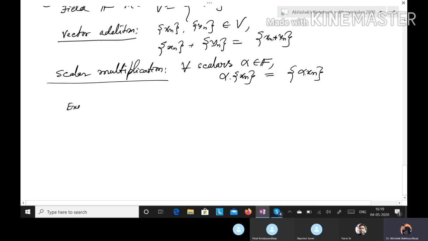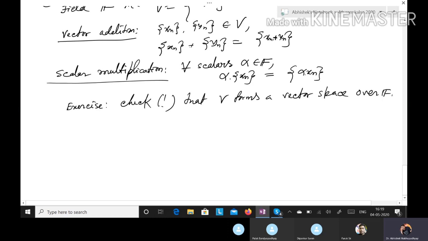So this is an exercise for you: check that V forms a vector space over F.